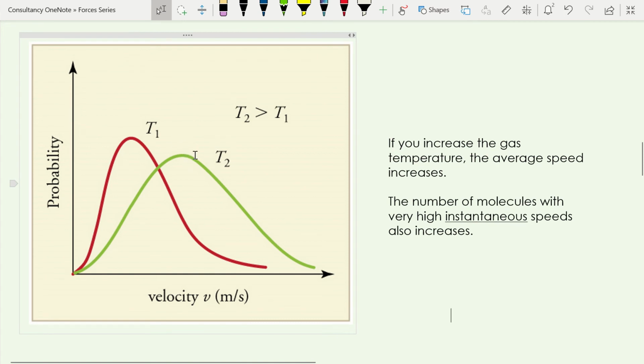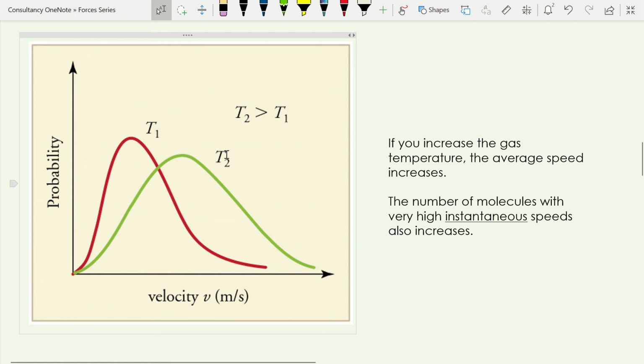But if we look at the instantaneous speed, we can still see we've got some particles with quite low speed. So we haven't increased the instantaneous speed of all the particles, but what we have got is a much larger number of particles at these very high instantaneous speeds.